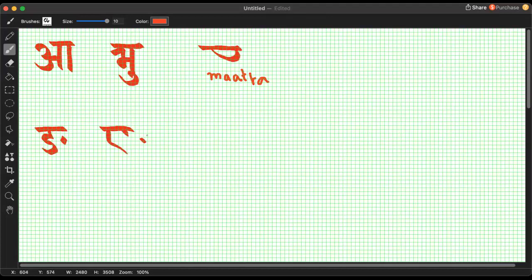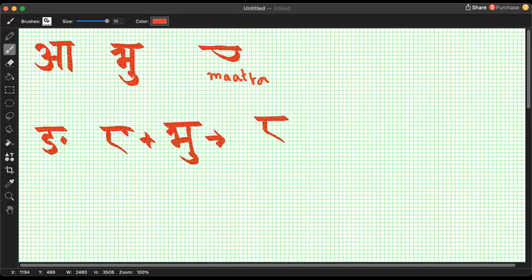To this, if you're adding a matra, we get it written in this way.